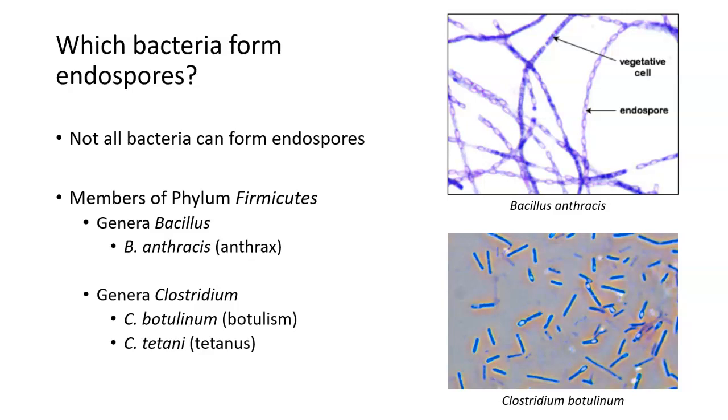You can see how this is clinically relevant. These bacteria are harmful and can cause pretty dramatic illnesses, and the fact that they're able to form spores means they can lie dormant in different situations and can ultimately infect us as humans. I'll talk a little bit about that later.